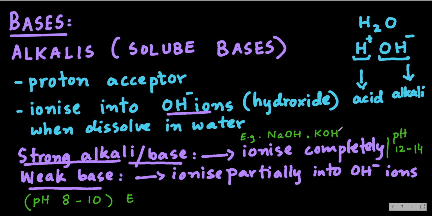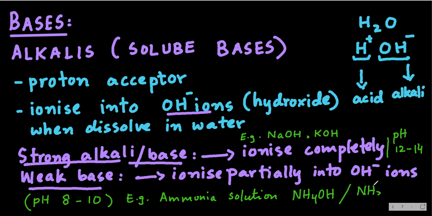For weak bases, we can take the very common example of ammonia solution, NH4OH, ammonium hydroxide. Ammonia is NH3. Okay, so this is about our bases.